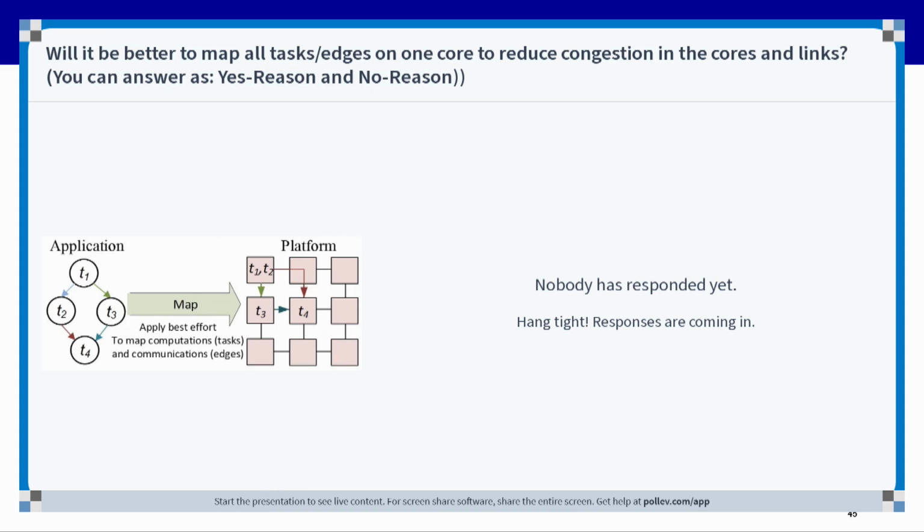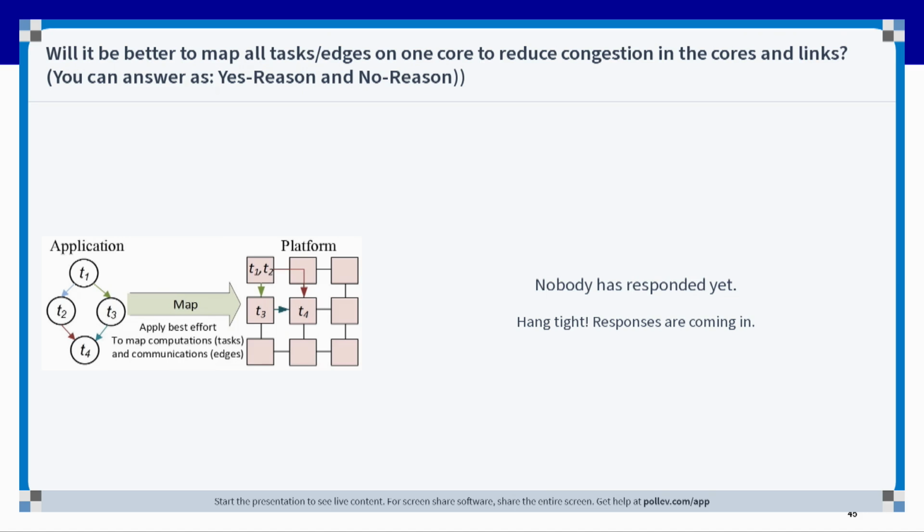Maybe I have already given you the answer to this question, but the question is: will it be better to map all tasks and edges to one core to reduce congestion in the cores and links? You said previously we mapped this way, right?